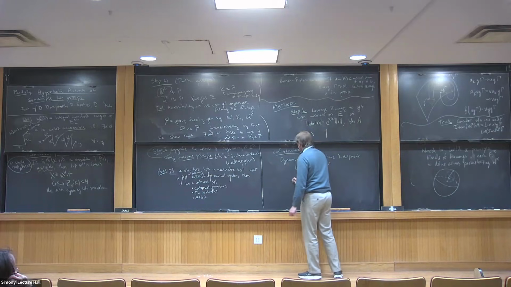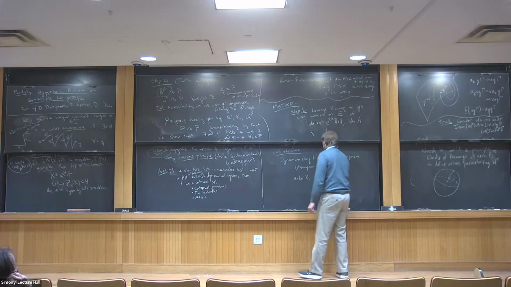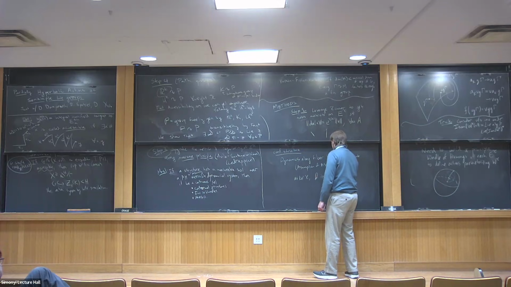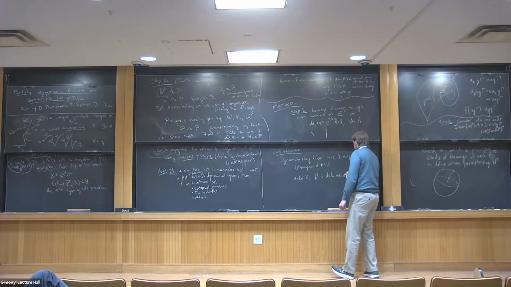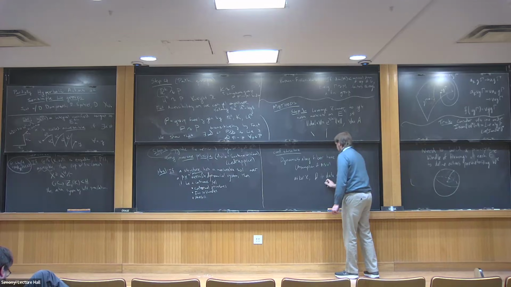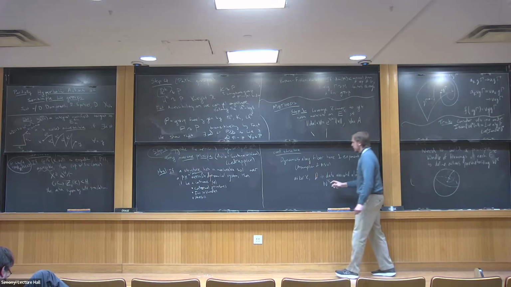So the main idea is that if I choose A in the kernel of chi, and D is data associated along W^chi, right?